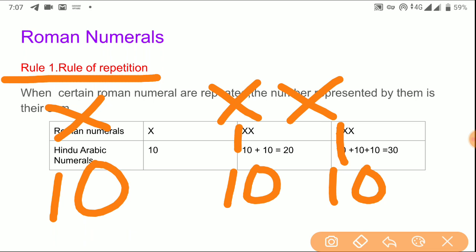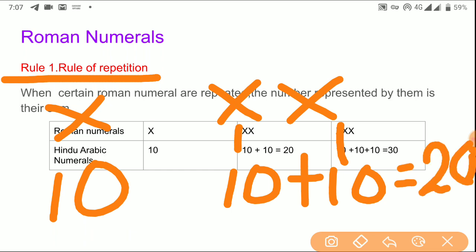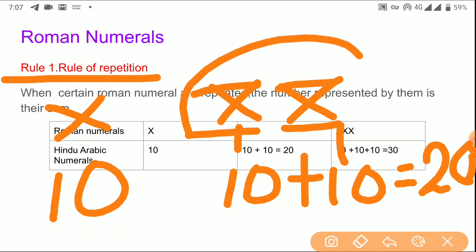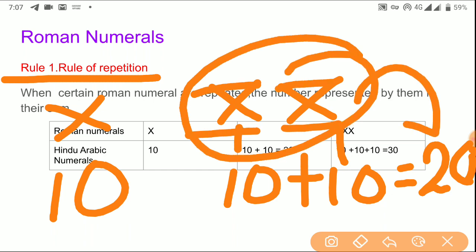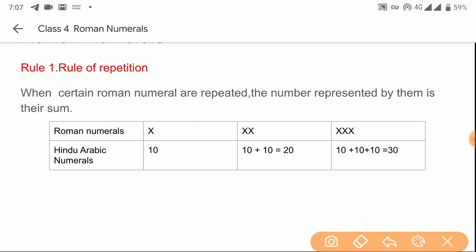If any Roman numeral is repeated, simply write their values and find the total. So the value for this Roman numeral will be what? 20.